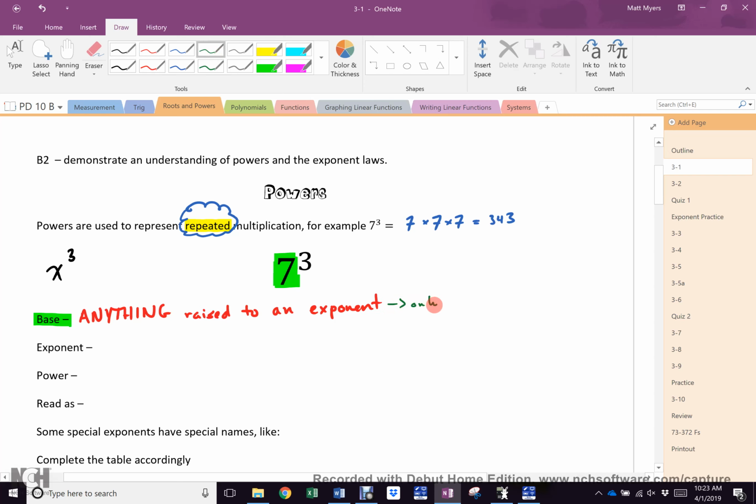It is only, and again, highlight, underline, don't care what you do, only the expression directly to the left of that exponent.